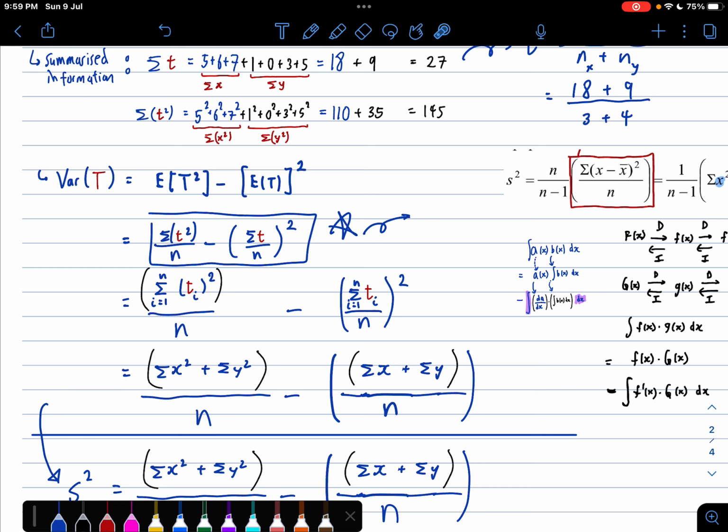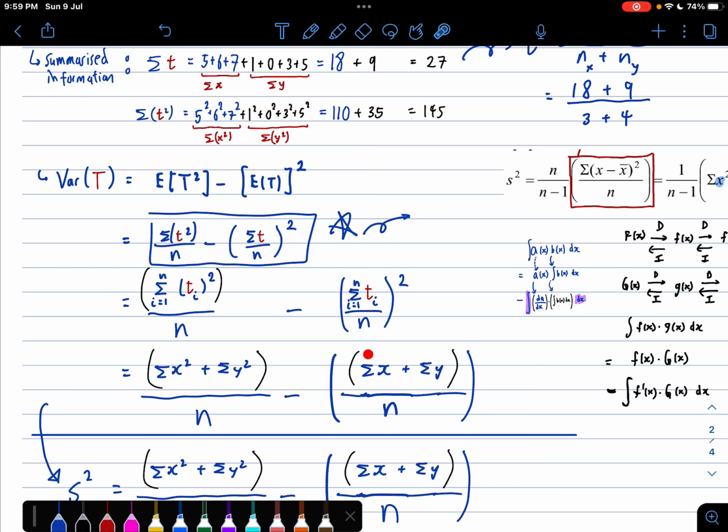Okay, good. Then from there, we know the general formula already. If you have separate pieces of summarized data, sum x square and sum y square, you just add them together, divide by n. And if you have sum x and sum y, you just add them together to get the total sum, which is really just using this formula but replacing the sum of the ti squares with sum x square plus sum y square, and replacing the other half of the formula, the summation of all the data, with sum of x plus sum of y.